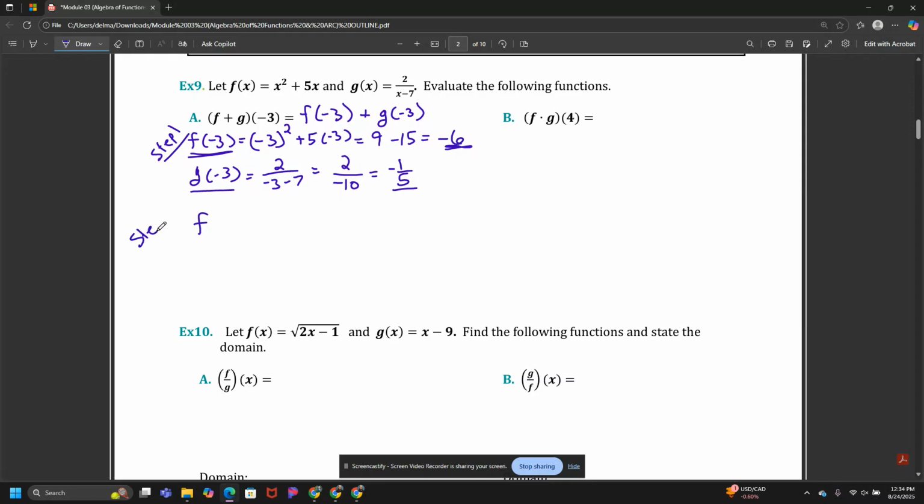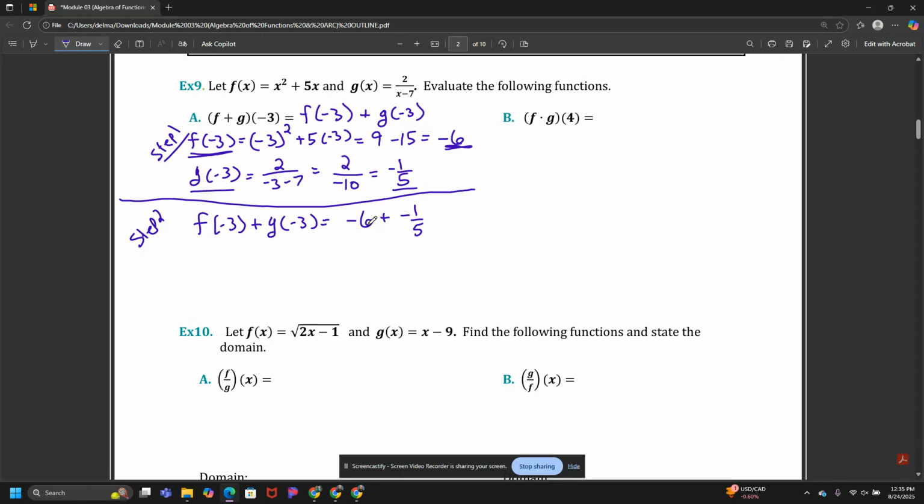Now we're going to do step 2. Oop. Took my line all the way over, and then I hate how it just wants to erase everything. Okay, so I'm going to have f of negative 3 plus g of negative 3 is equal to negative 6 plus negative 1/5.